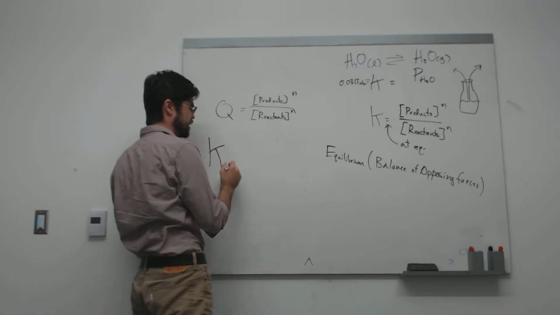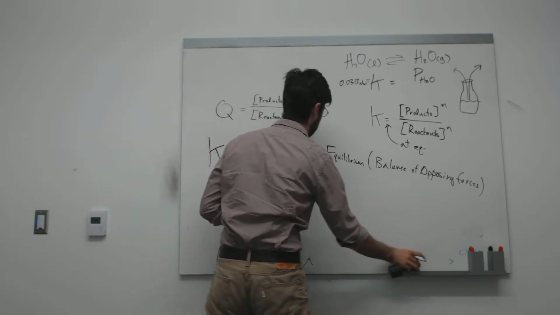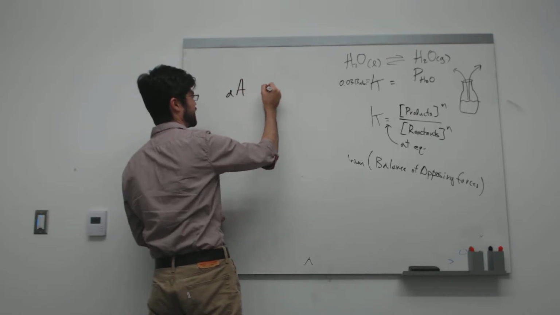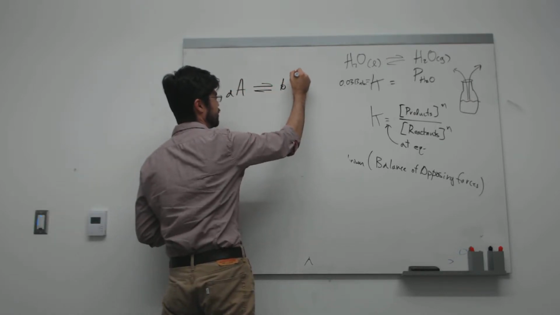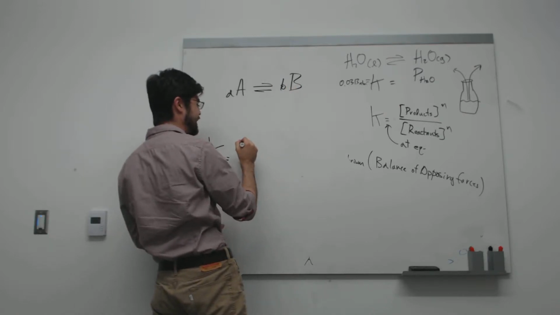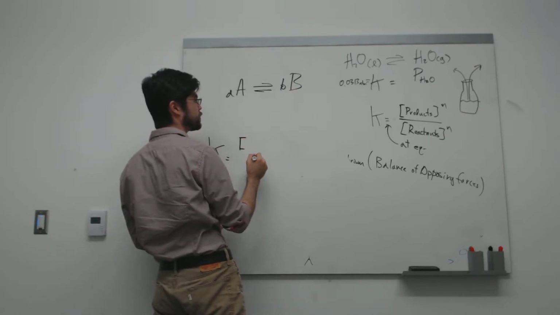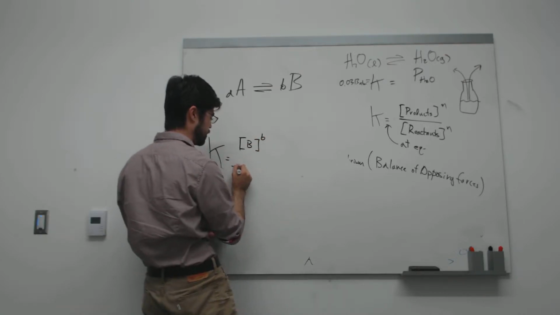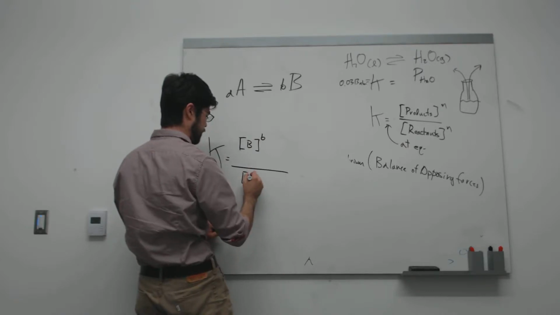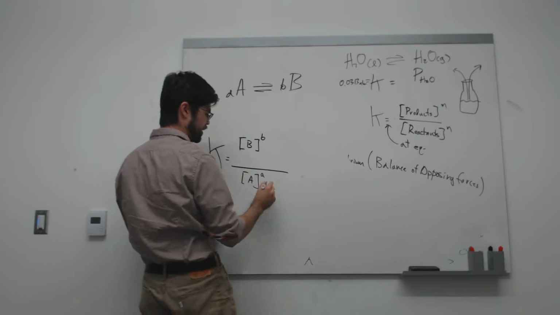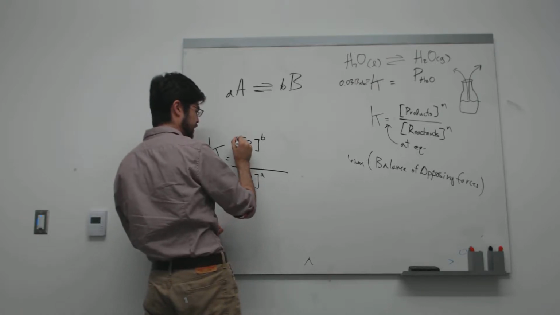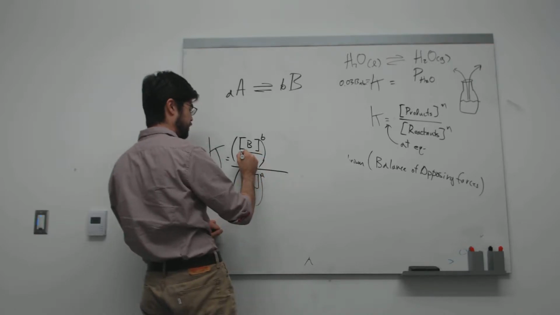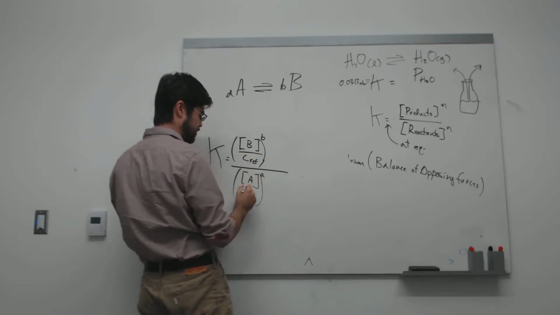If I had some reaction like this, and I will make this basic here, little a moles of big A in equilibrium with little b moles of big B. Technically, the formal equilibrium expression for this is concentration of B raised to the b divided by concentration of A raised to the little a, and then each of these concentrations is divided by some reference concentration.